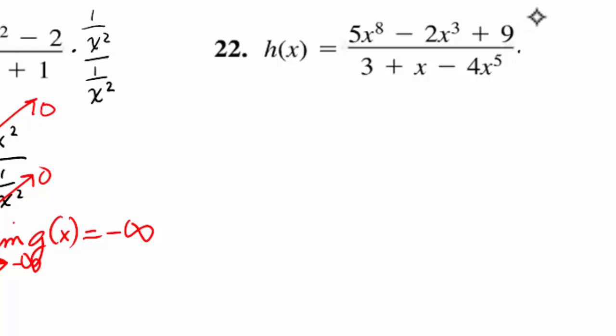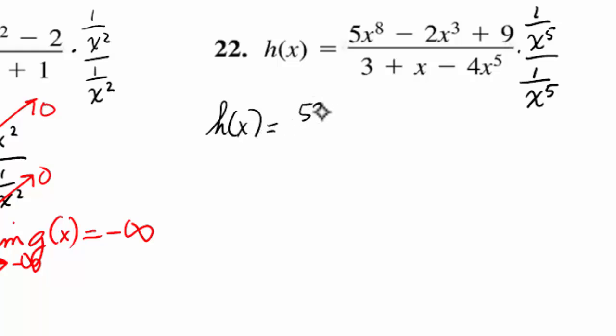Now let's look at number 22. Divide both the numerator and the denominator by the highest degree that occurs in the denominator, which is x to the 5th. I'll write h of x as 5x cubed minus 2, that is x cubed divided by x to the 5th becomes 2 over x squared, plus 9 over x to the 5th.